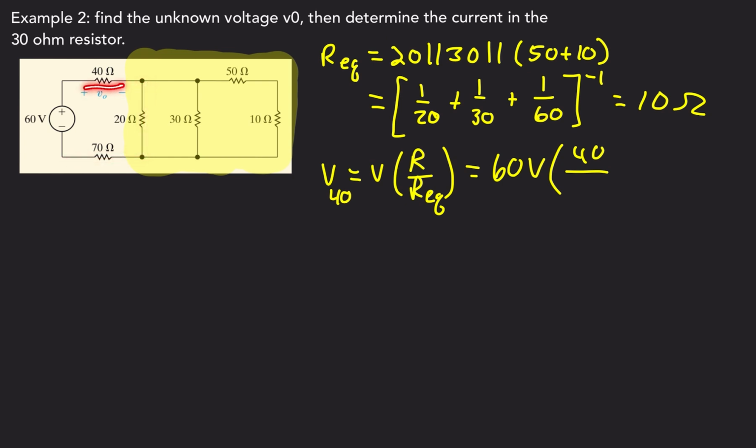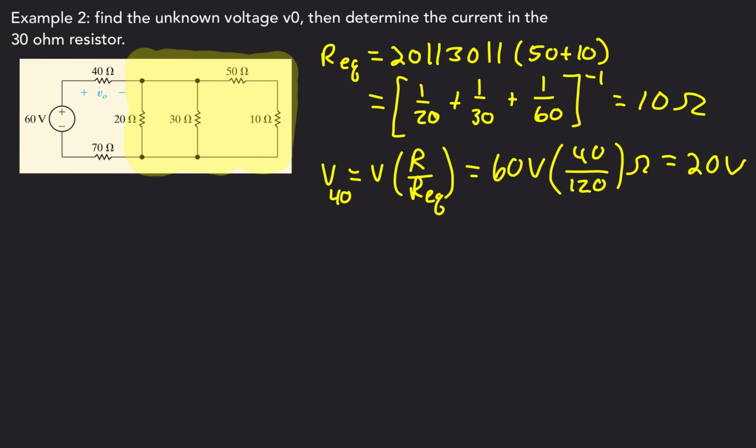So it's going to be 40 plus the yellow equivalent resistance of 10 ohms that we just found, plus the 70. So 40 plus 10 plus 70 is 120 ohms. So this is going to be equal to 20 volts. So 20 volts across the 40 ohm resistor.